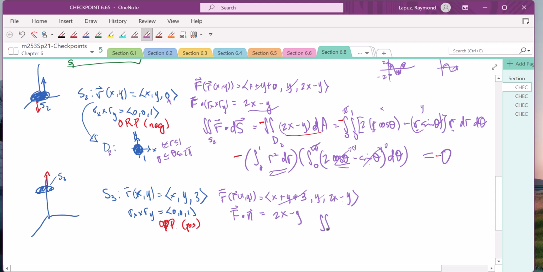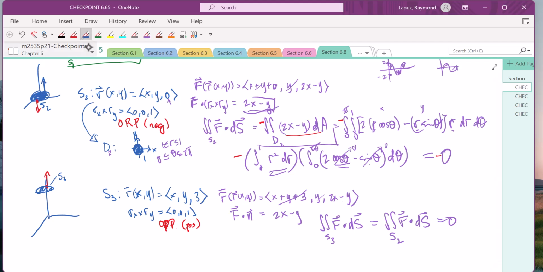So our third surface flux integral is going to be the same as our second surface flux integral, which is equal to 0. So both of them ended up being 0. Yeah, you can catch it from here and here. Our domain, by the way, is the same thing also.